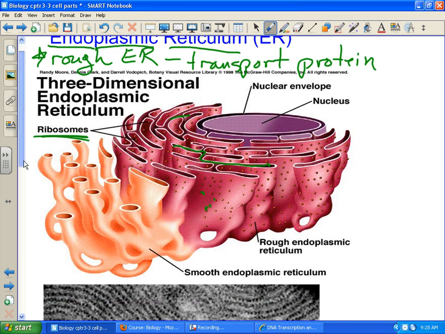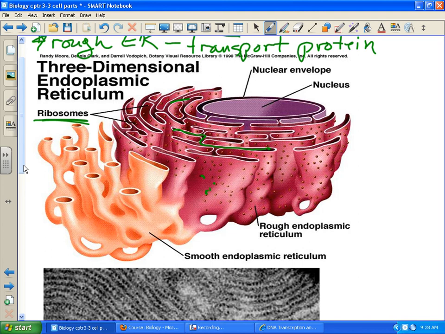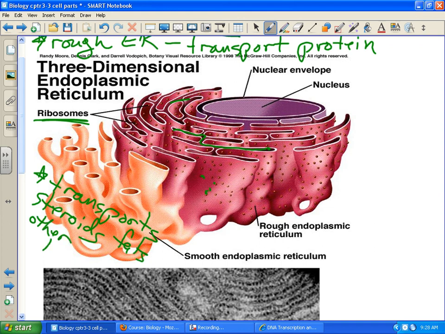All right, what was the other part? Smooth ER. What does it do? It transports steroids, fats, other lipids. If you think back to our lipids category, it's the fats, it's the oils, it's the steroids, it's the waxes.